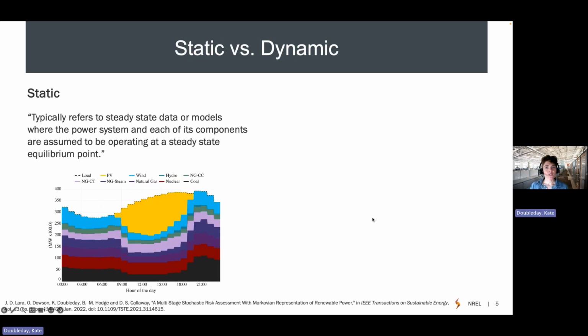So in Sienna, we define static as referring to steady state data or models. And so often we're using static as short for quasi-static, where you might have a time varying simulation like a production cost model, but at each point within your model, you're assuming a steady state equilibrium point.